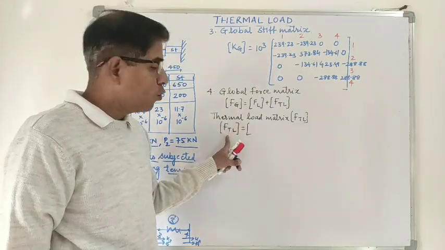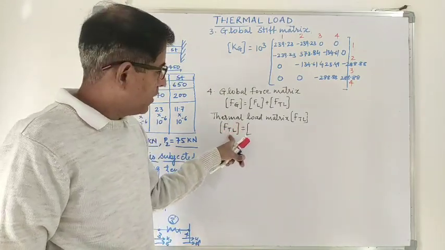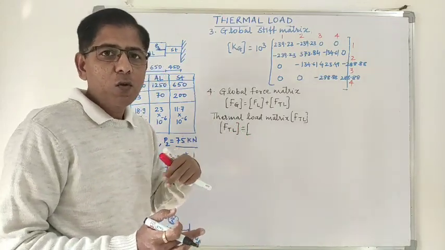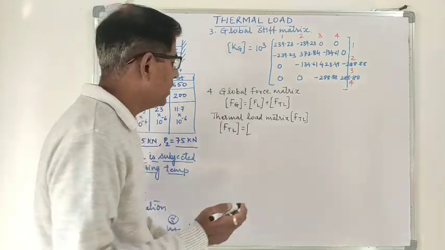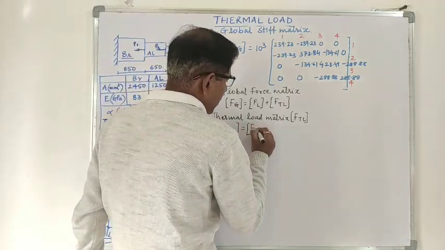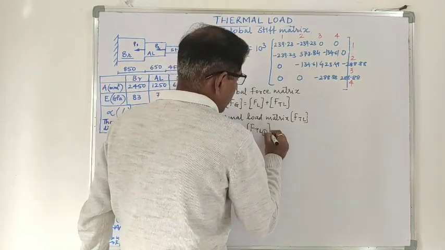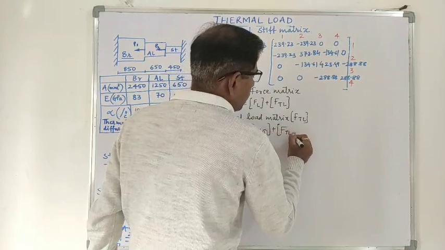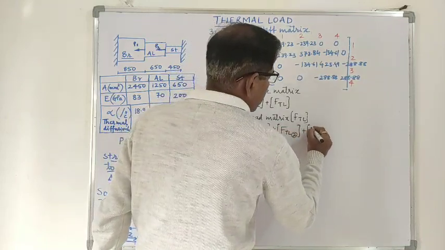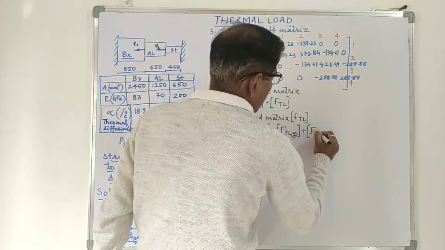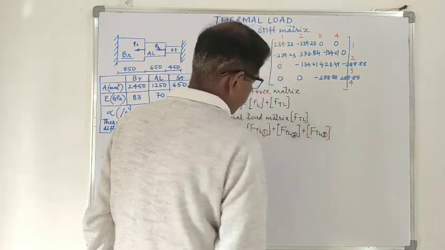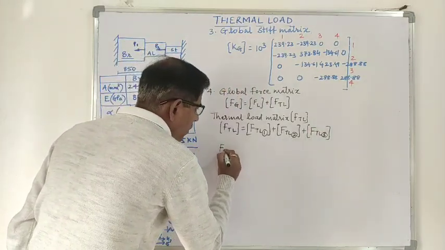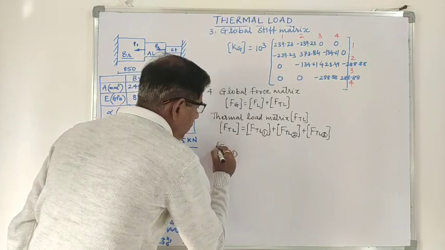So this total thermal load matrix will be a combination of the thermal load in element 1 plus the thermal load in element 2 plus the thermal load in element 3. Okay. So first we find the thermal load in element 1.